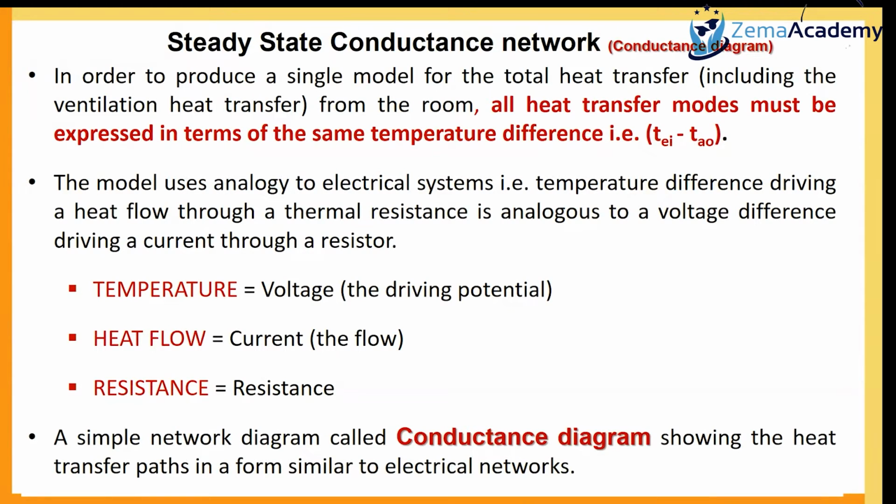And what we defined was the temperature difference driving the heat flow, which was taken analogous to voltage, the driving potential in electrical system. Heat flow was taken to be analogous to current, the flow, and thermal resistance was taken analogous to electrical resistance.